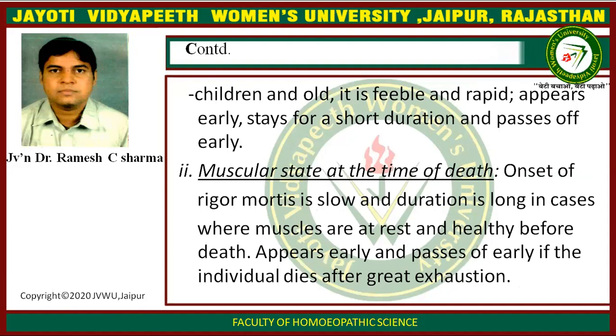Second is muscular state at the time of death. Onset of rigor mortis is slow and duration is long in cases where muscles are at rest and healthy before death. It appears early and passes off early if the individual dies after great exhaustion.